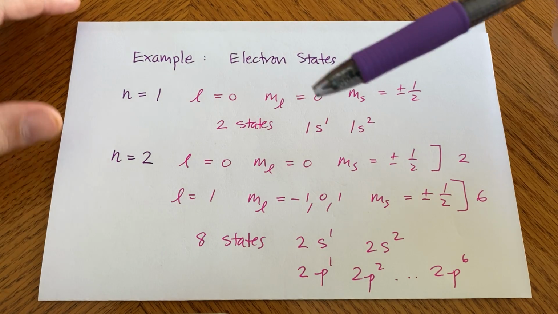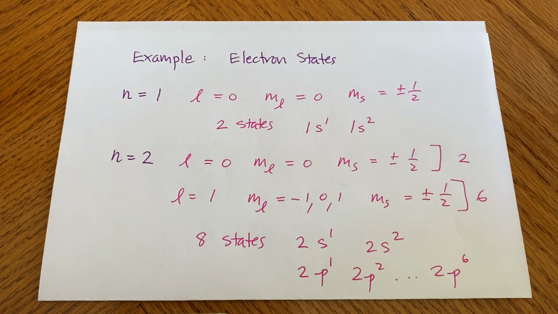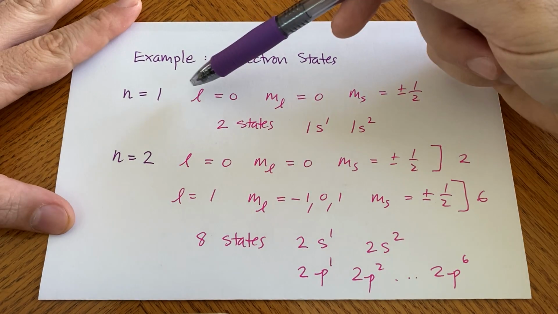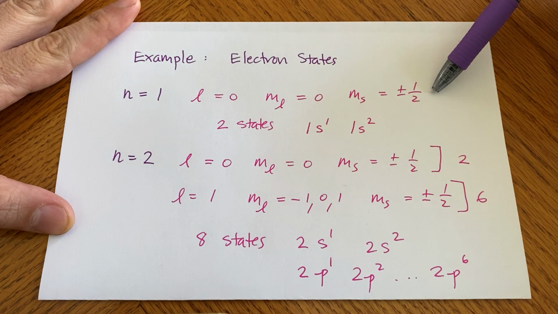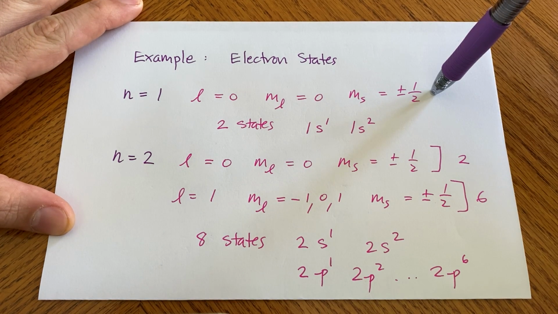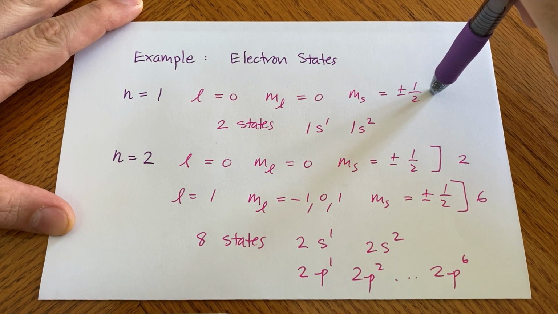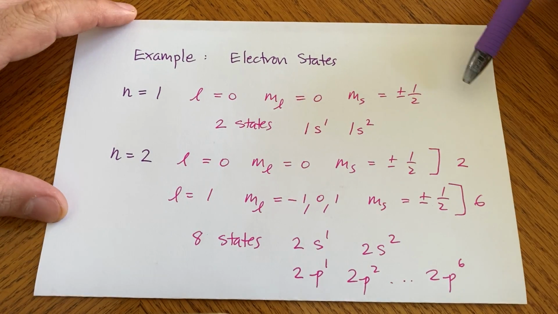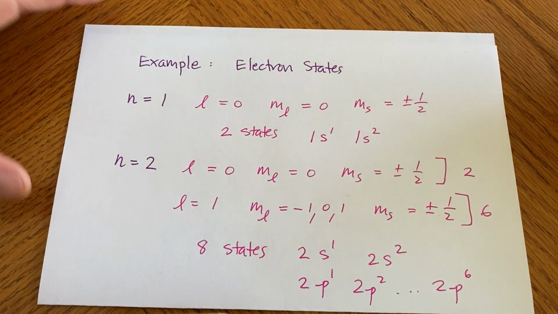In the more complete theory of quantum mechanics, going beyond the Bohr-Rutherford model, there's additional information that applies to any electron of an atom. So we're not just talking about hydrogen anymore.